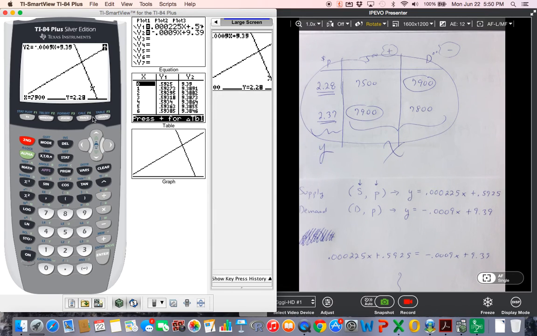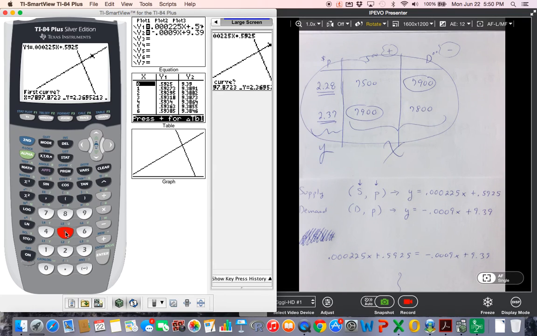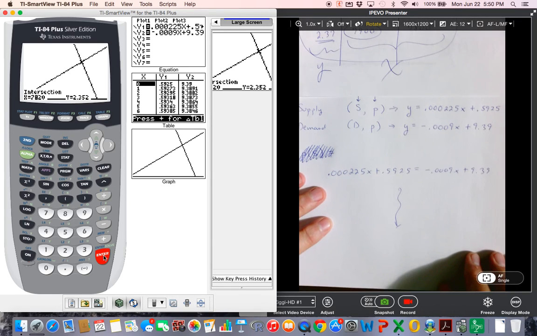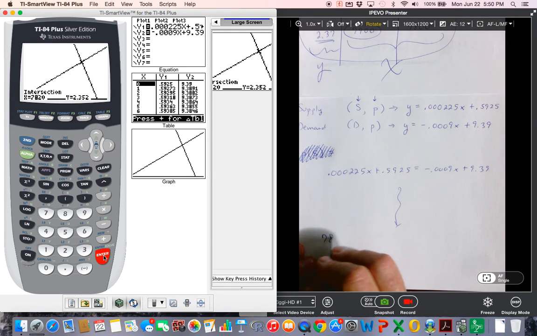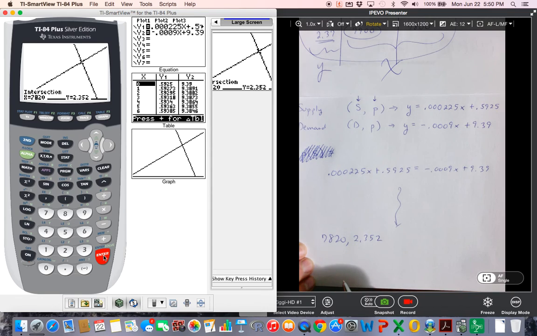So guys, just like we've done before, second function calc, number 5. Enter, enter, enter until it says intersection. So the point of intersection is 7,820, comma $2.35.